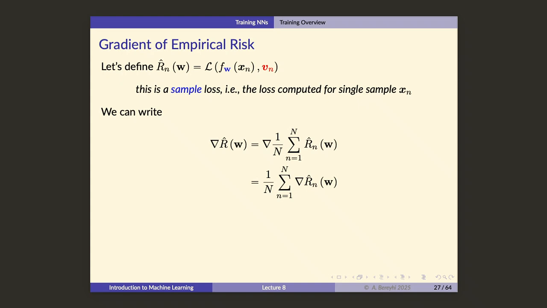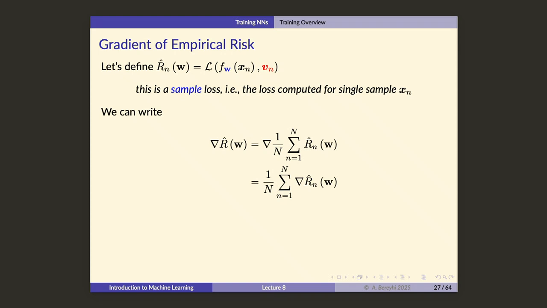So at the end of the day, we are going to get this average, right? So the empirical risk is essentially the average of those sample losses. Now, if I am able to compute the gradient of one sample loss, then I am okay, right? Because I can compute the gradient of that sample loss, and then compute it for all samples I have inside my data set, and then I average them.